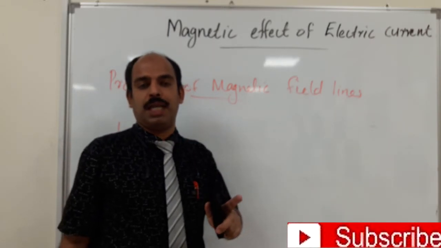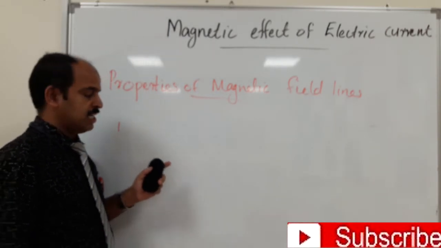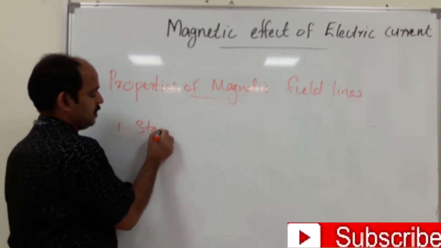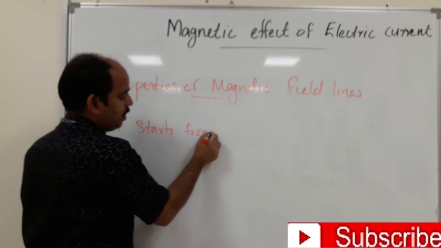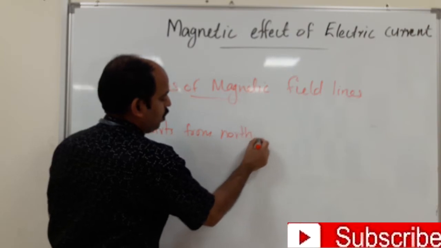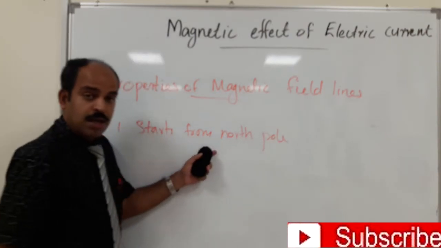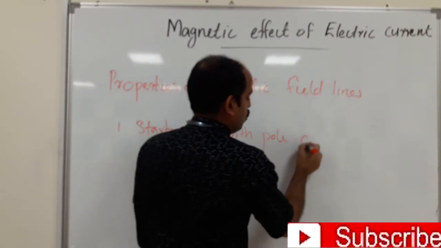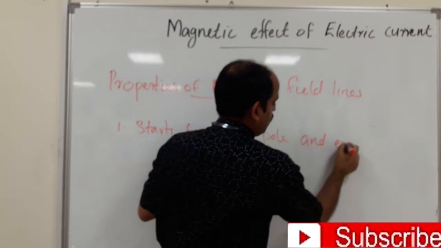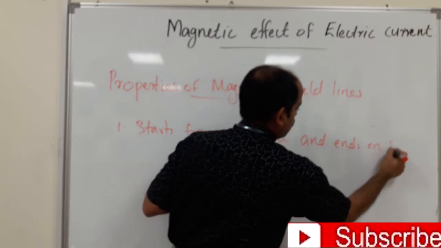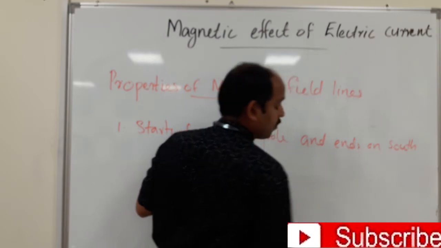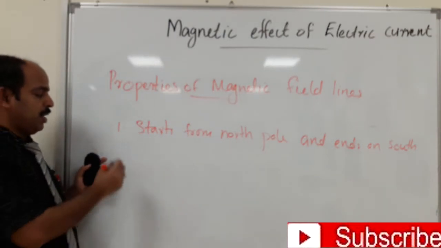That is the first property. Magnetic field lines start from the north pole and end on the south pole. So that's the first property.